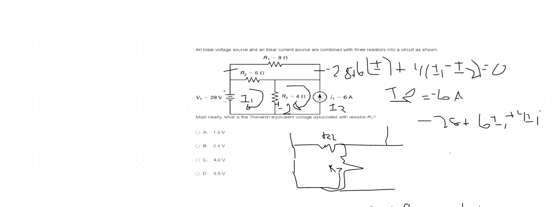Wait, this was 4 times I1 minus negative 24. So it's going to turn plus, right? Yeah, that's going to turn plus. You see why? Because it's minus negative 24. So minus minus becomes plus.